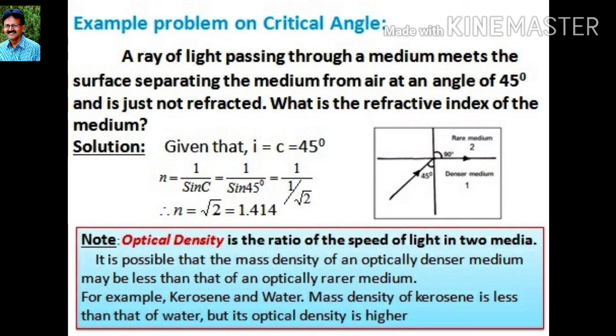Mass density of kerosene, that is 0.81 grams per cc, is smaller when compared to that of water, that is 1 gram per cc. But optical density of kerosene, that is 1.44, is high when compared to that of water, that is 1.33.